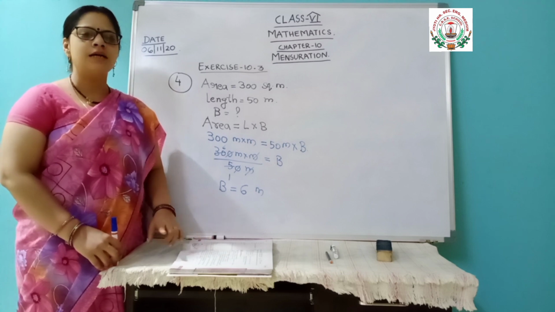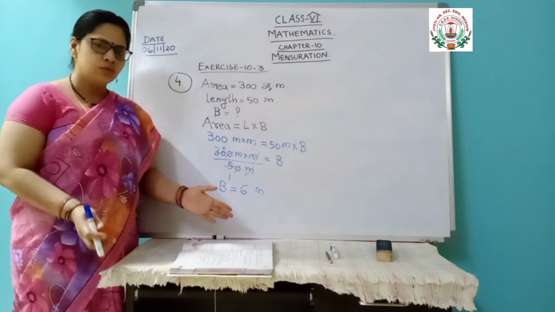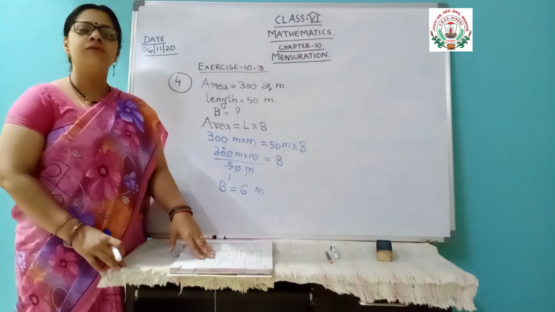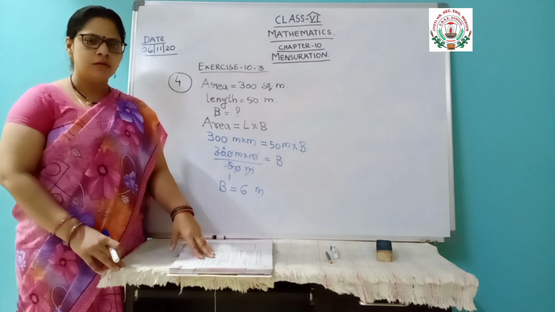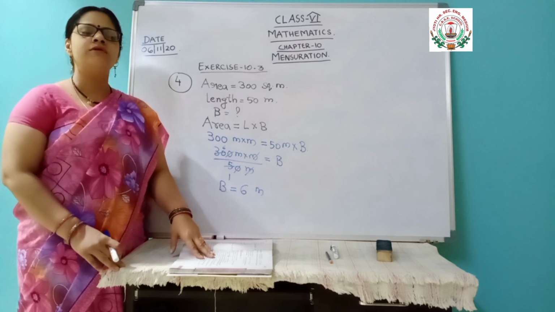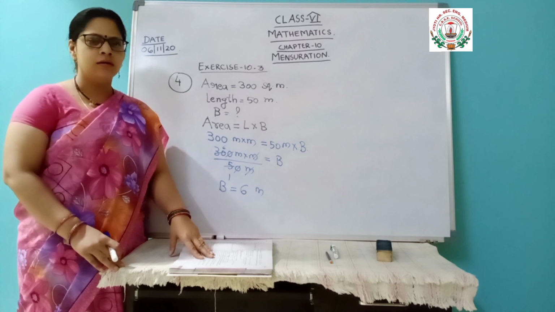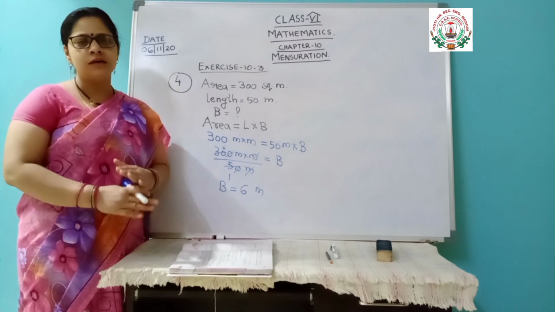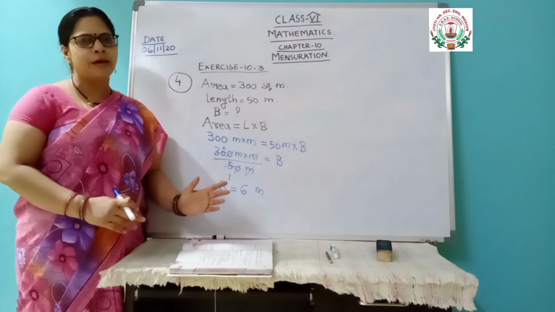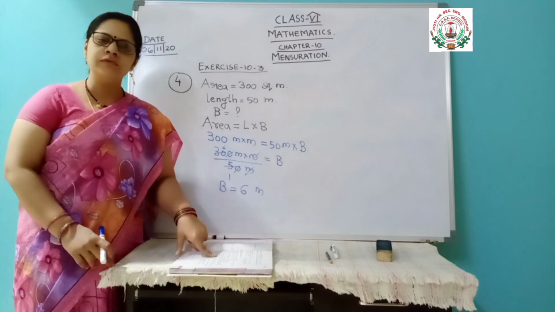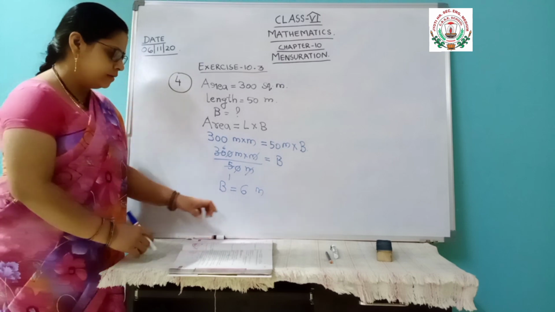And when it is asked to till or to fill, or if only a unit like square meter is given, then you have to understand that in this question we are going to find out the area. Understood how you will differentiate whether to find out the perimeter or the area? So in this question we are going to find out the area.